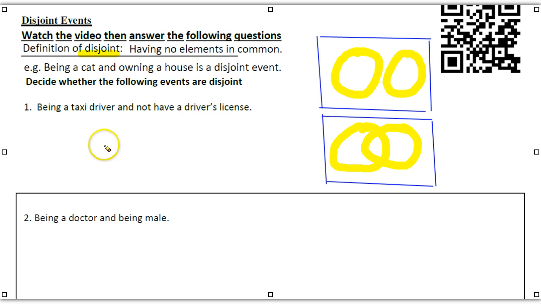Now, if you are a taxi driver, you must have a driver's license. So these would be a disjoint set. So this is yes.